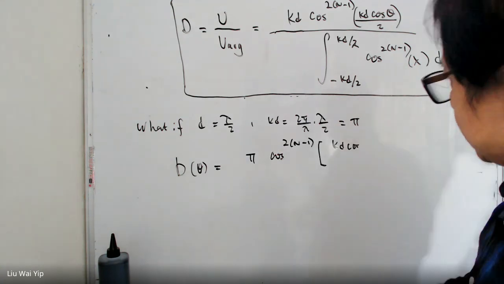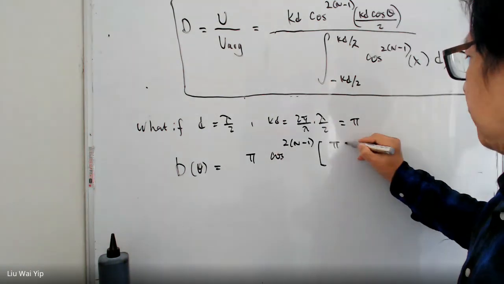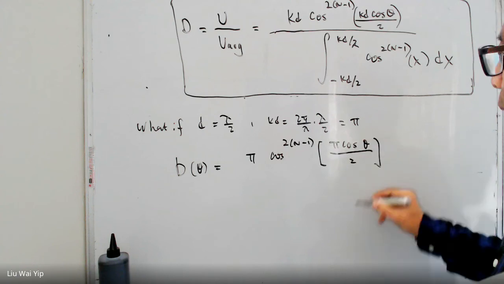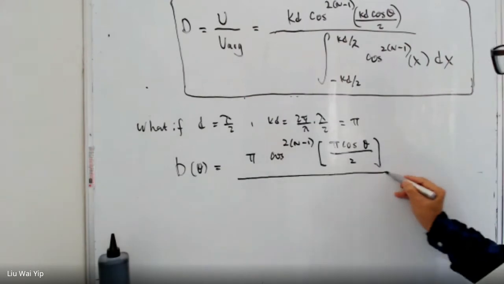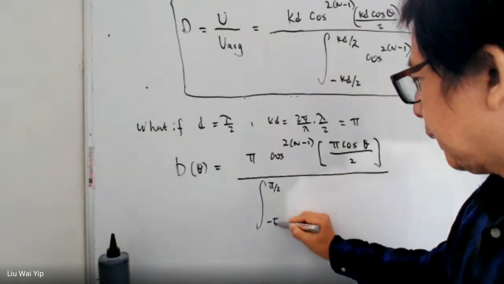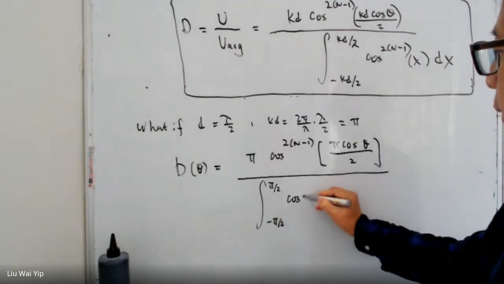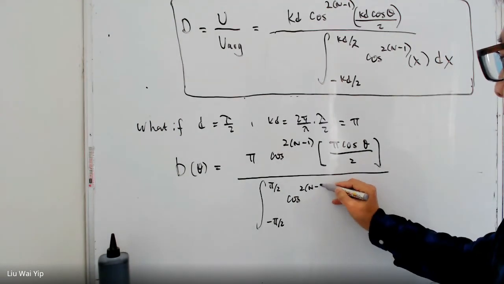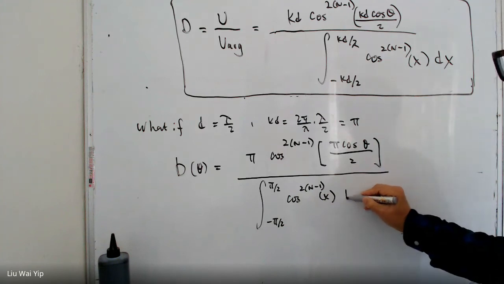This one is pi cosine theta divided by 2. And at the bottom, we have a function here, from minus pi over 2 to pi over 2, with x and dx.